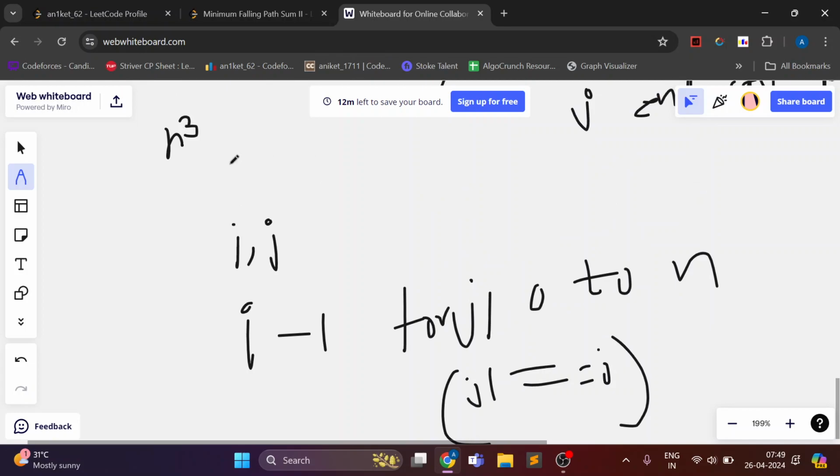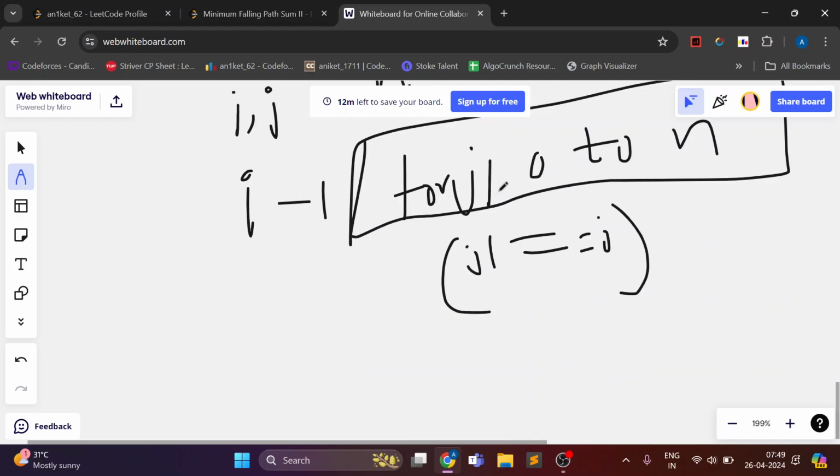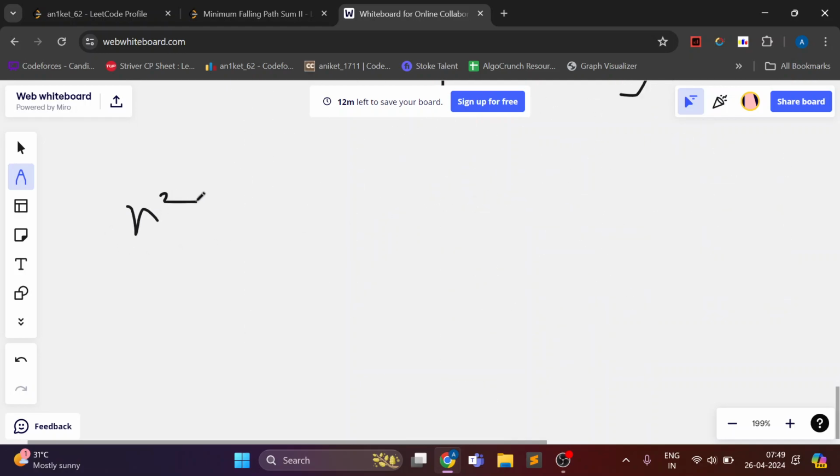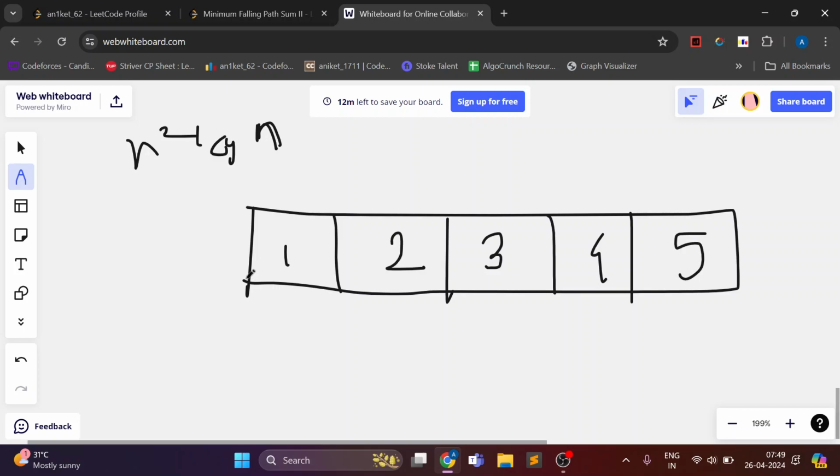Now this solution will be n cube: first n square for each cell, and this additional n for each cell again, so it will come out to be n cube. Now the other solution, which I used, is n square log n. In that, let's say the first row I have processed, which is like 1 2 3 4 5.